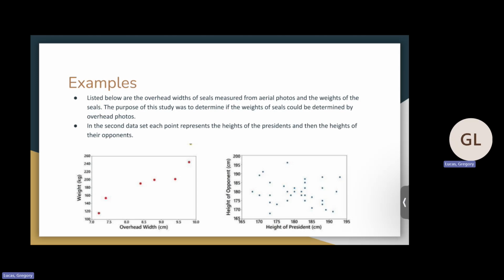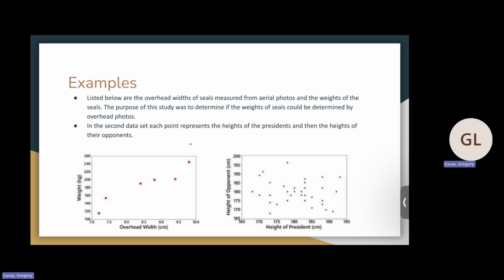So in our first scatter plot, we can see there tends to be a correlation. If the width of the seal in centimeters is greater in our photo, then the weight is heavier. So the bigger the seal, the heavier the seal. We can see there's a correlation there. Doesn't mean there's any causation. We can see there's a correlation.